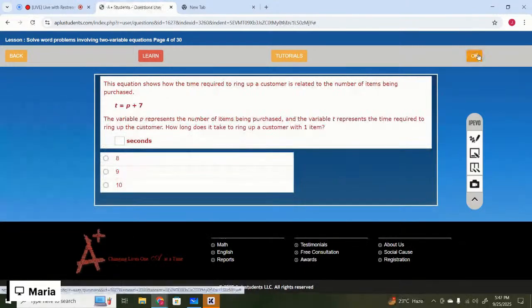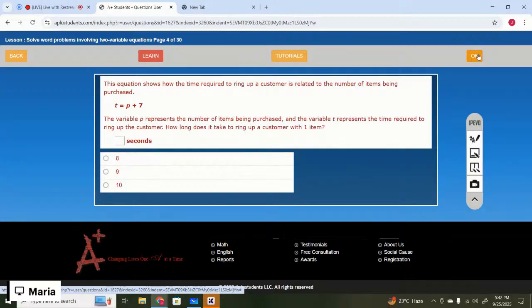This equation shows how the time required to ring up a customer is related to the number of items being purchased. T equals P plus 7. The variable P represents the number of items being purchased, and the variable T represents the time required to ring up the customer. How long does it take to ring up a customer with one item?